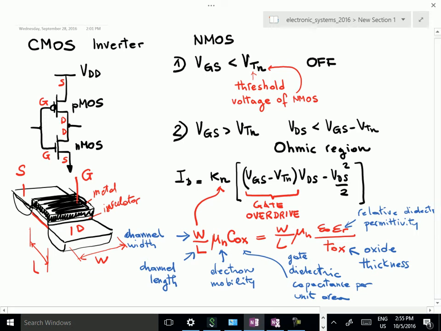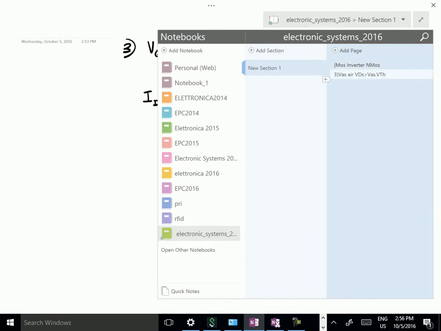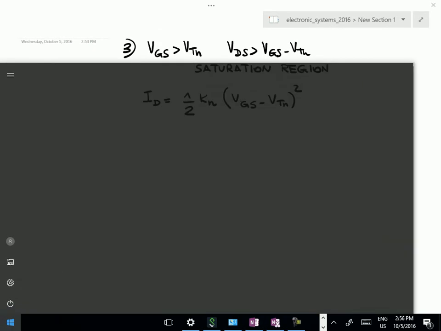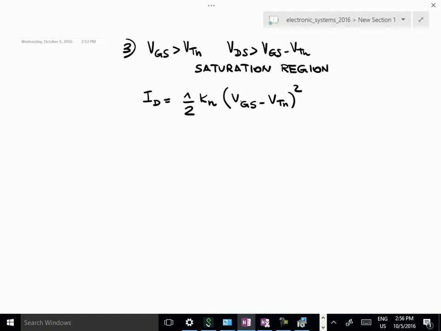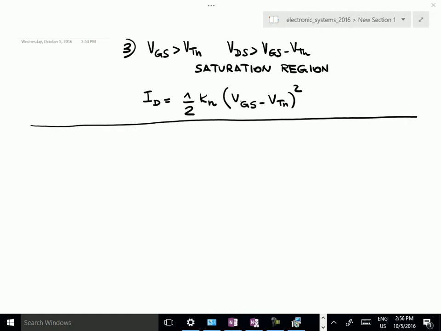For the PMOS, we have a similar situation, and let me show you also the conditions for the PMOS. The situation is very similar to the NMOS.